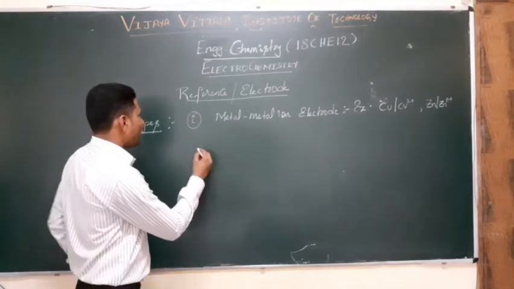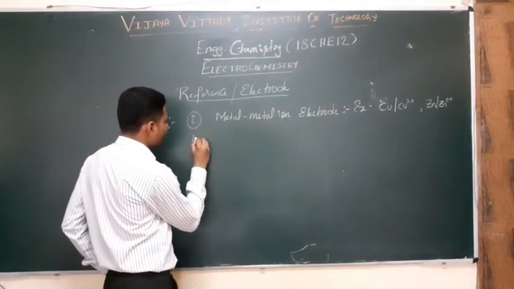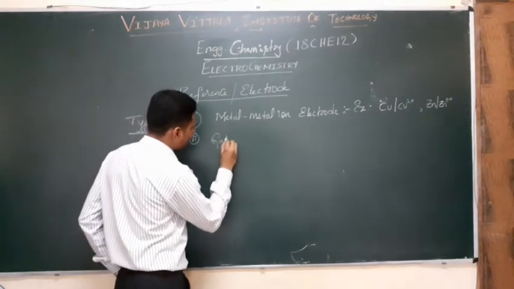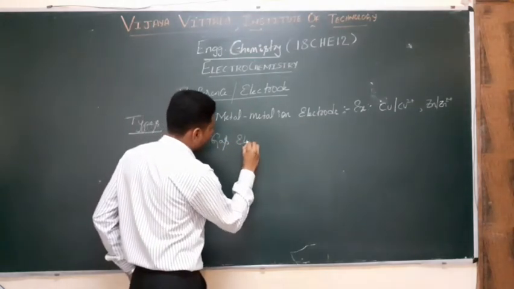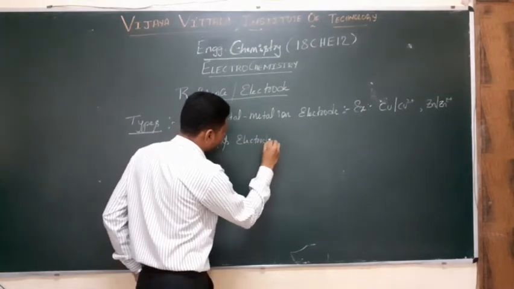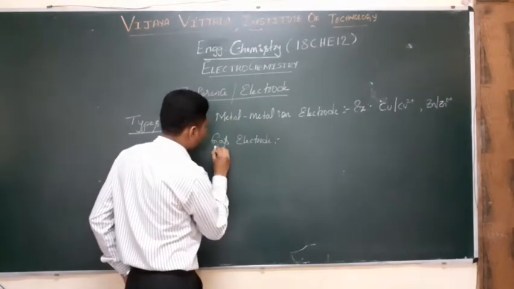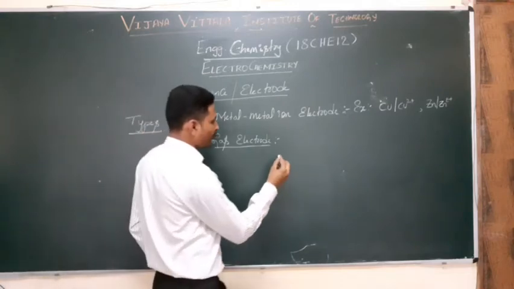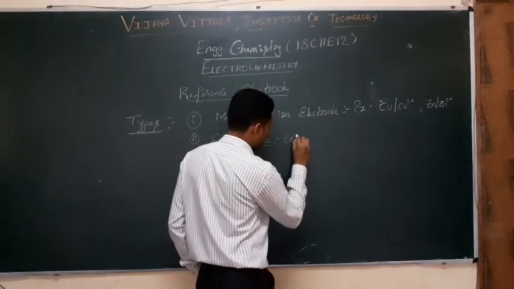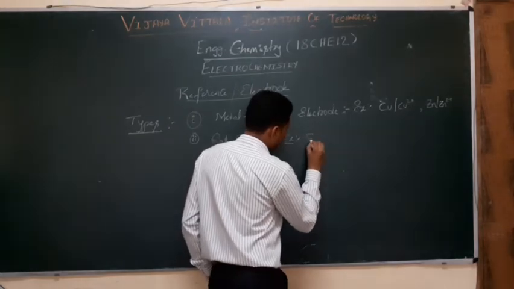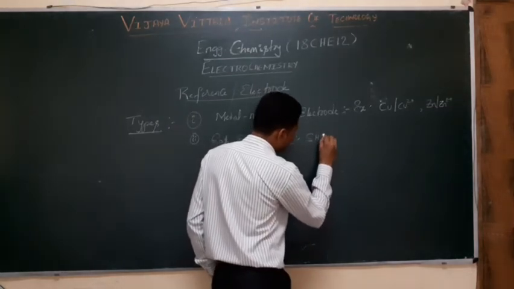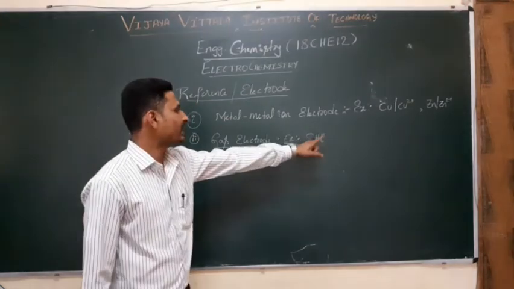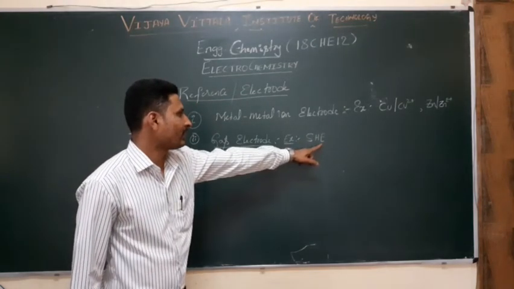Okay. And the second type is a gas electrode. The best example for this gas electrode is SHE, the standard hydrogen electrode.